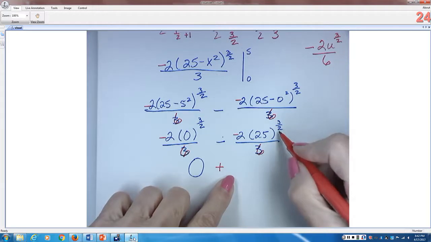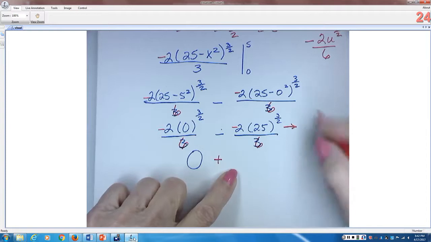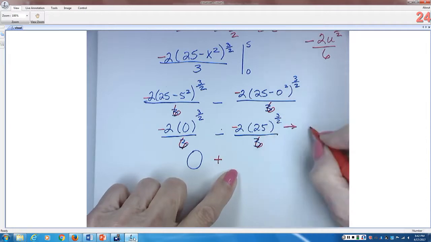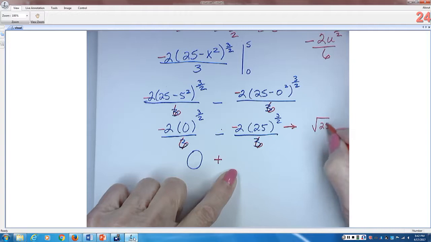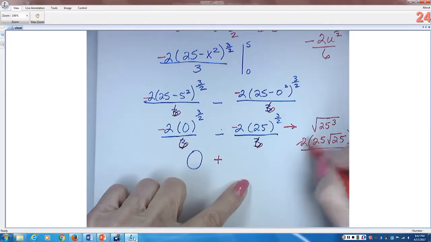So, in order to do this in my head, rather than on the calculator, and then I'm going to check it on the calculator, 3/2 power means I'm going to take the square root of 25 raised to the 3rd power. And that is equal to 25 times the square root of 25. And then I'm going to multiply it by 2, and then divide the whole thing by 6. And since 2 goes into 6 3 times, I'm going to leave that as that.